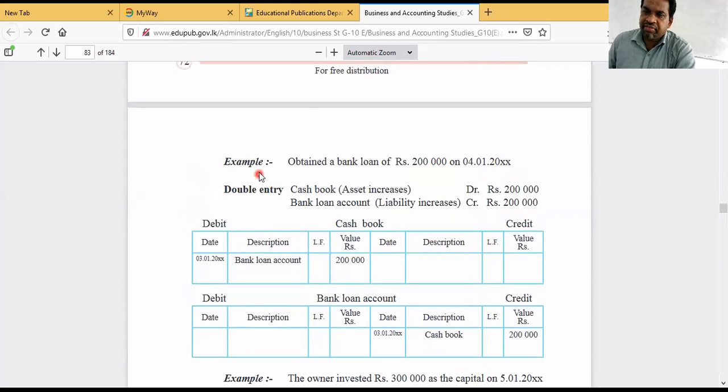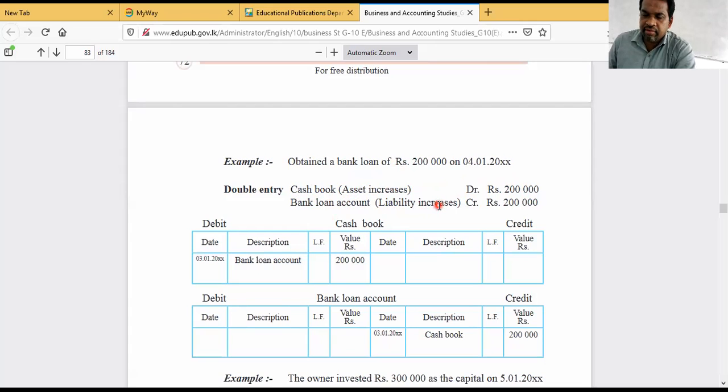Right. If you take the second transaction, obtain a bank loan of 200,000 on 4th January 2020. Then, when you take a bank loan, there will be an increase in asset because the business receives money. Therefore, cash asset increases. Then you debit to cash account 200,000. Equally, when you take a bank loan, there will be an increase in liability.